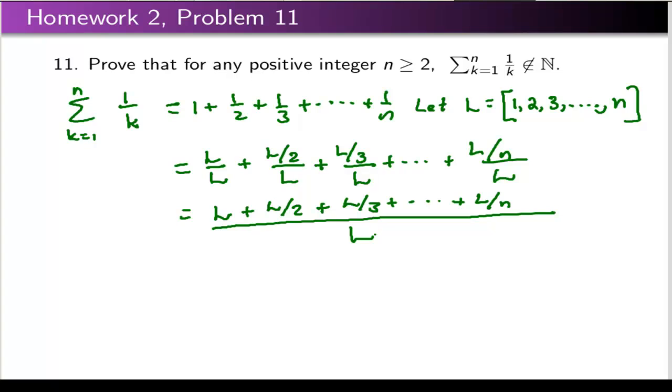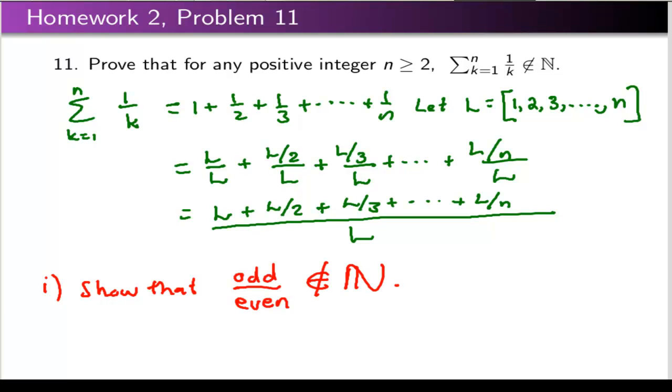And the hint, well, we're trying to prove that this is not an integer. So here's a little lemma you'll want to think about. Show that if you have a fraction where the numerator is odd and the denominator is even, that this is never a whole number.